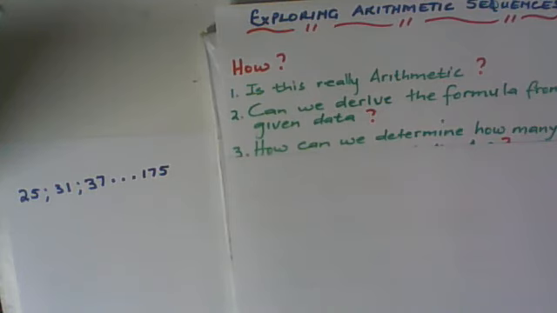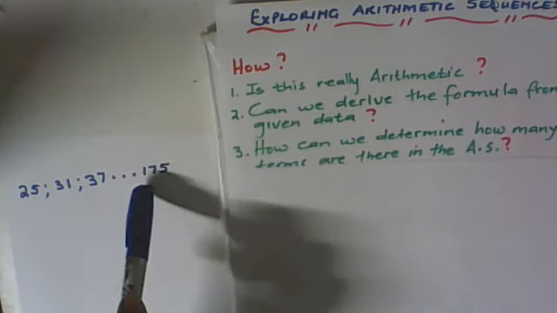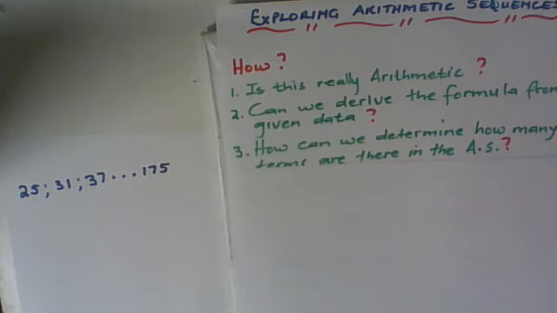Let us recall our question. How can we determine how many terms are there in a sequence? Guys, remember, these are terms of the sequence. Now, what is common with them? They can be derived by making use of the formula. Now, let us recall.